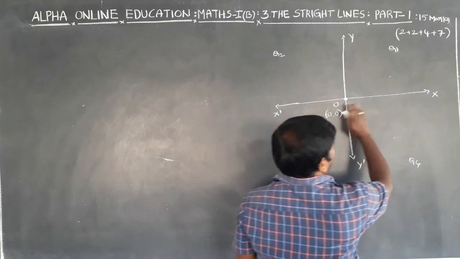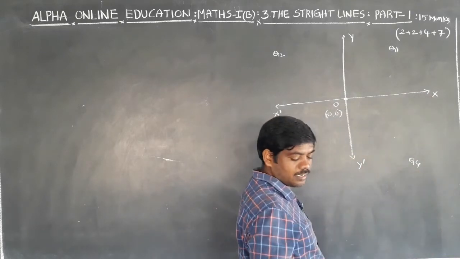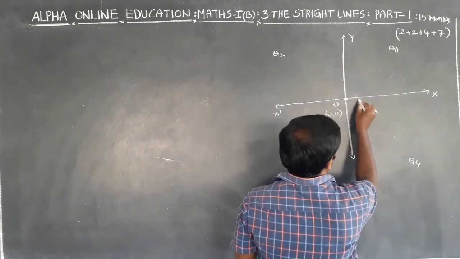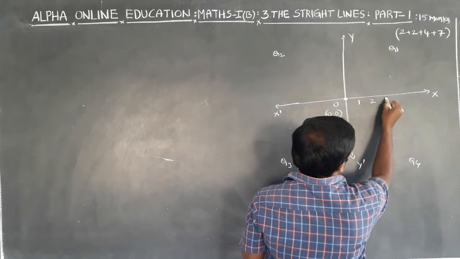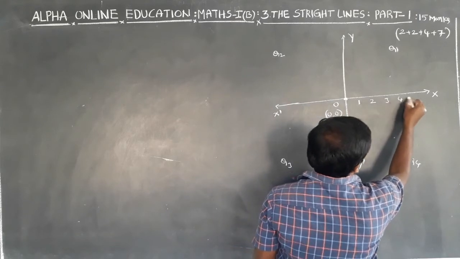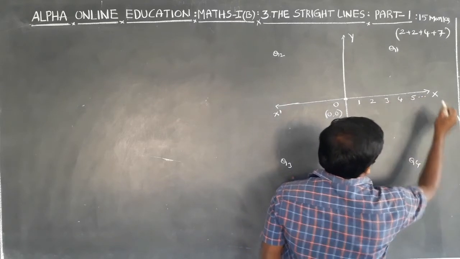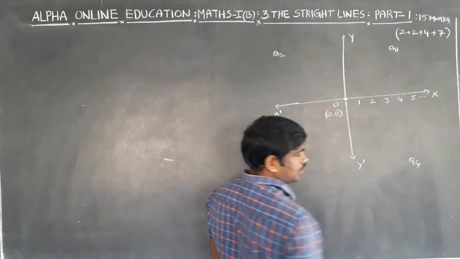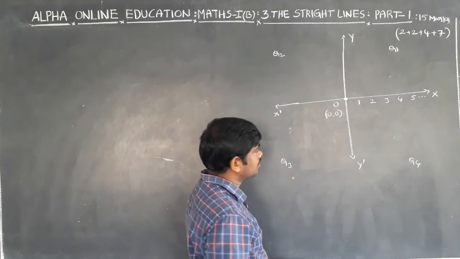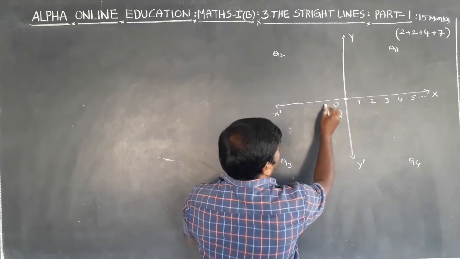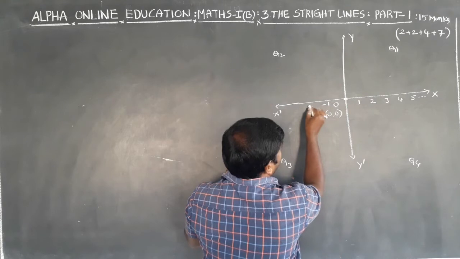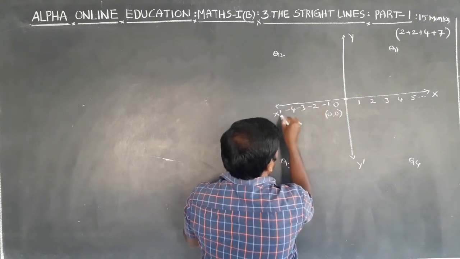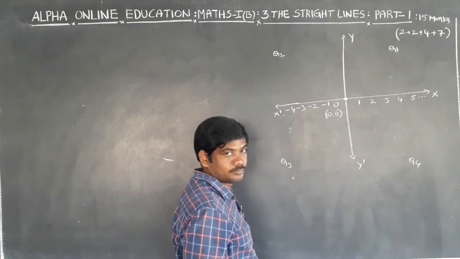On the right side of the origin, x values are positive: 1, 2, 3, 4, 5 and so on. On the left side of the origin, x values are negative: -1, -2, -3, -4 and so on.